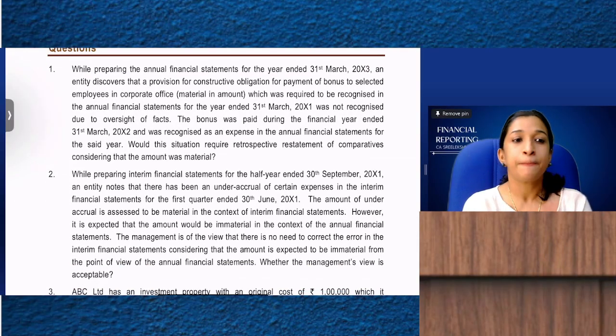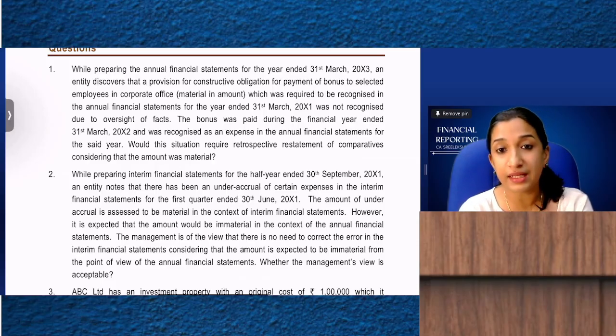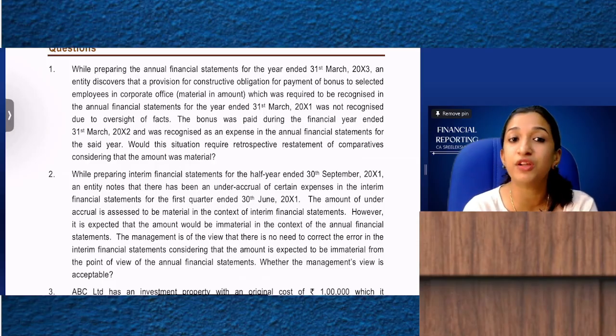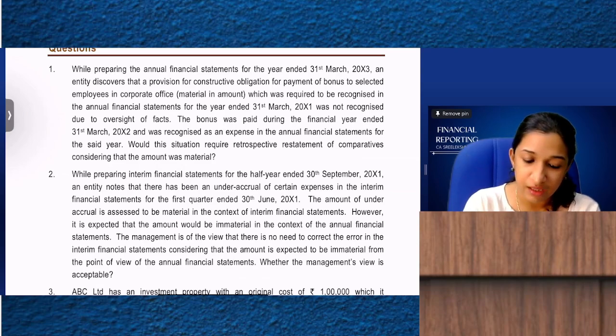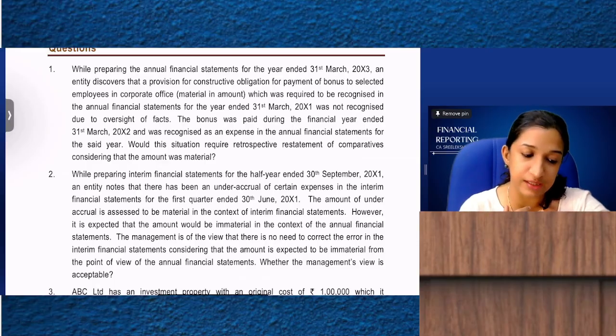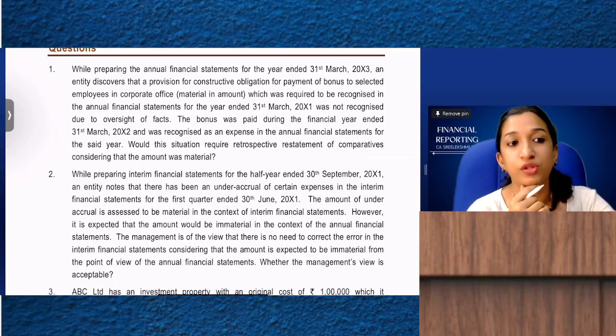So please listen. While preparing the annual financial statements for the year ended 31st March 13, an entity discovers that a provision for constructive obligation for payment of bonus to selected employees in corporate office, material in amount, which was required to be recognized in the annual financial statements for the year ended 31st March 11, was not recognized due to oversight of facts.